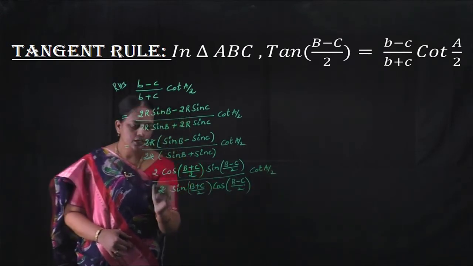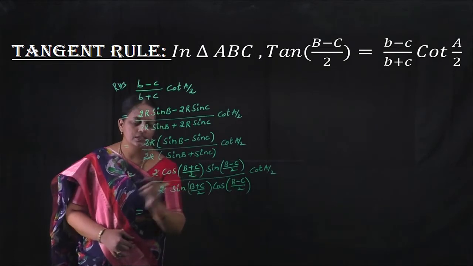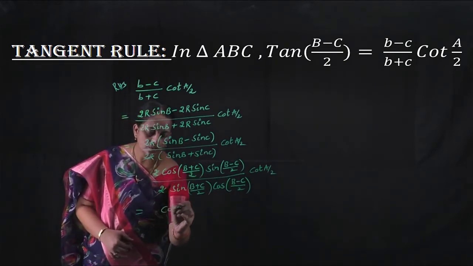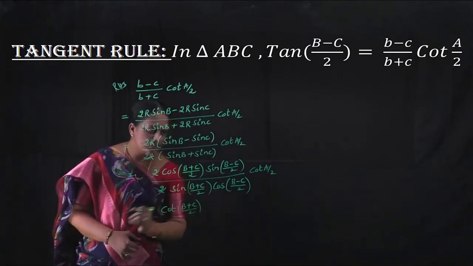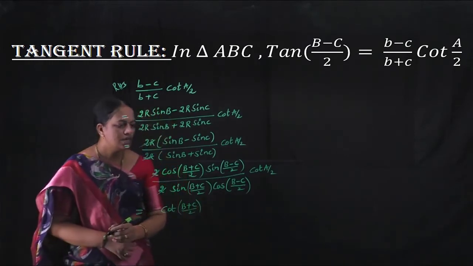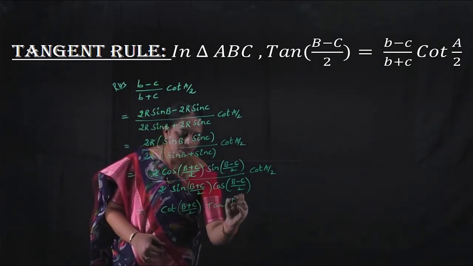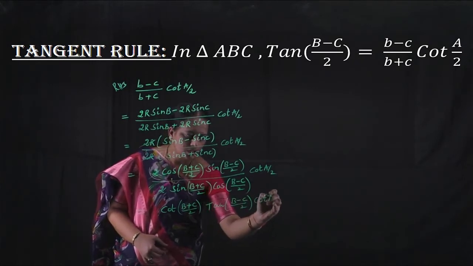Here 2 gets cancelled, and cos (B plus C) by 2 by sin (B plus C) by 2 means cot (B plus C) by 2, into sin (B minus C) by 2 by cos (B minus C) by 2, which means tan of (B minus C) by 2, into cot A by 2.